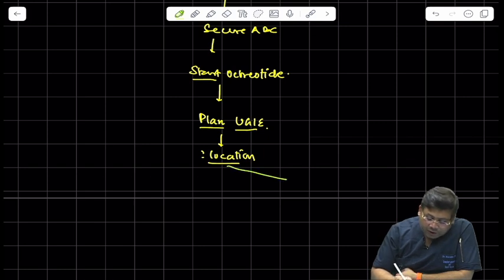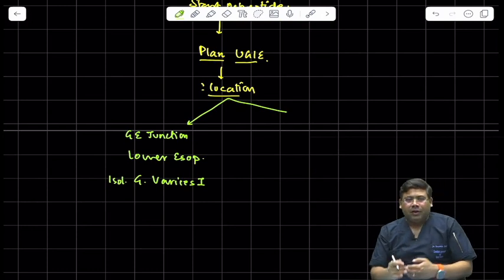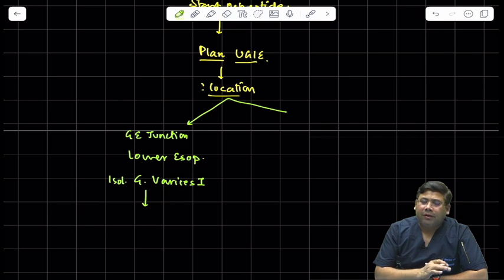Next is location. Bachche, the location could be the GE junction, the lower esophagus, or isolated gastric varices type 1. This is important because if it is the GE junction, lower esophagus, or isolated gastric varices type 1, it is a different management.